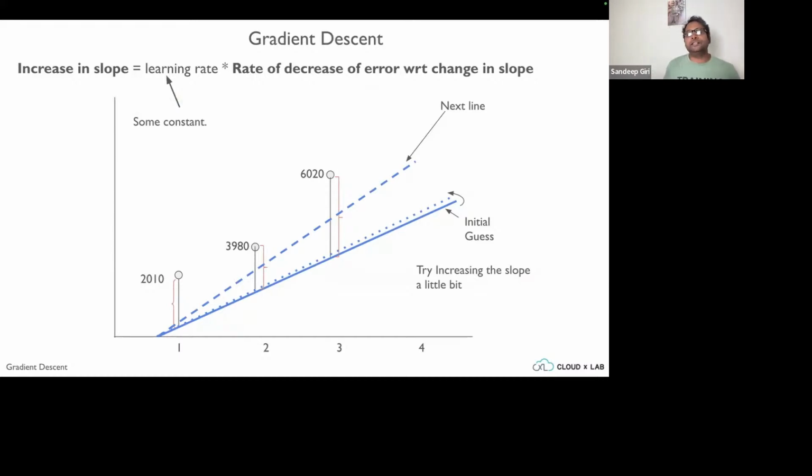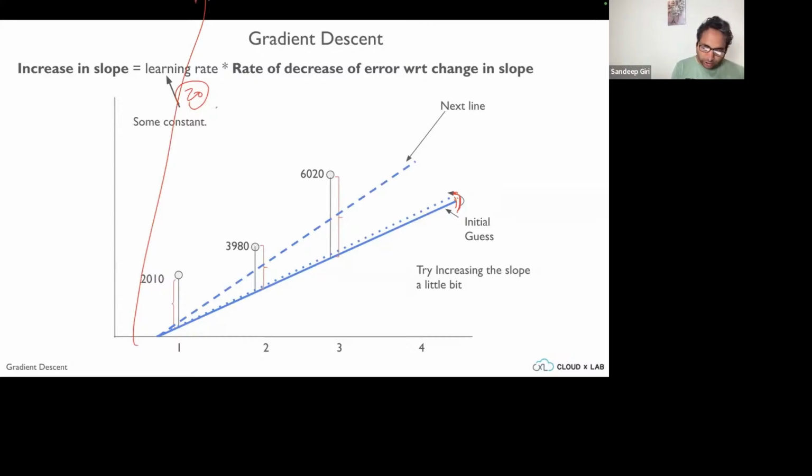If it is too high a value, then it becomes troublesome. If this learning rate is, let's say, 20, you observe that increasing the slope decreases the error, so you draw a big line. Then when you increase it again, it says you're going too far, come back.